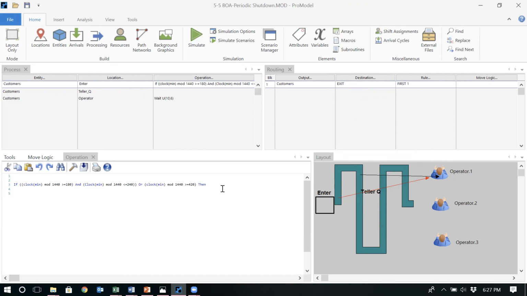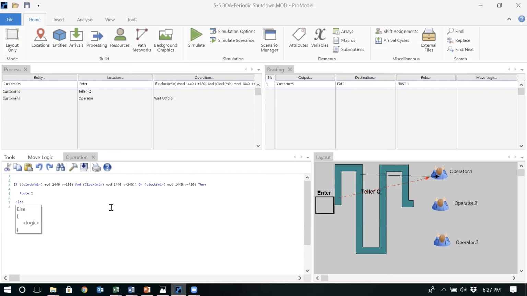So if in this line of the code I want to tell the simulation to go to this line, I say, okay, go to route 1. So if this condition holds, then go to route 1, block number 1, which sends the customer to exit.